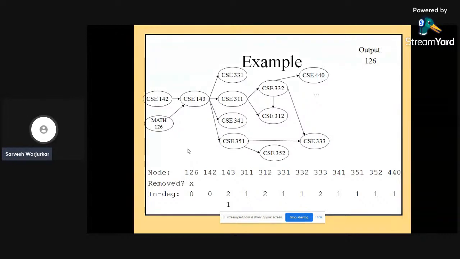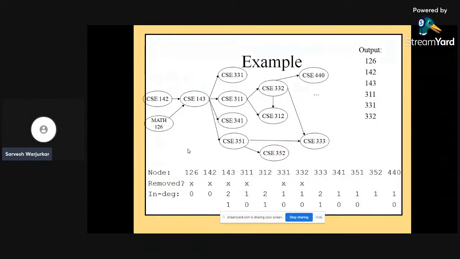In that case, the output will be 126, 142, 143, 311, 331, since it has 1 in-degree.